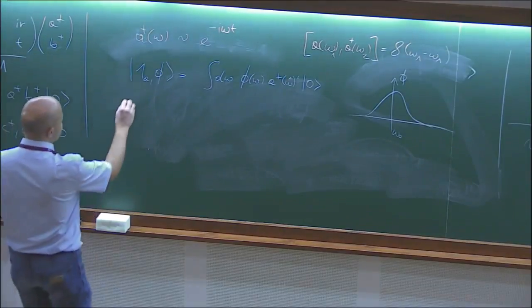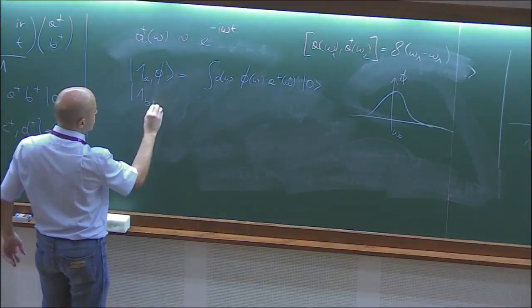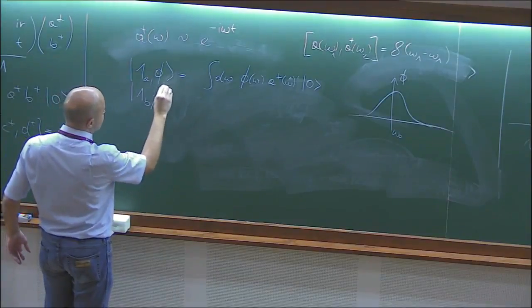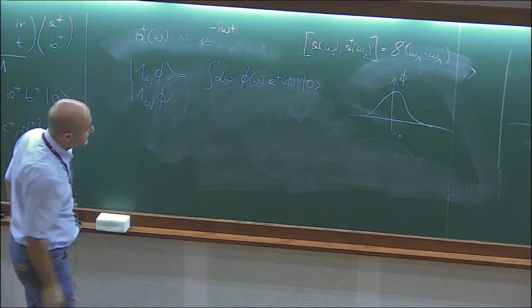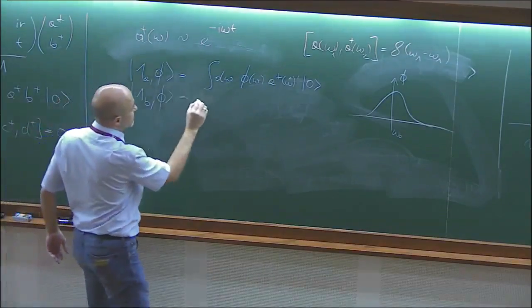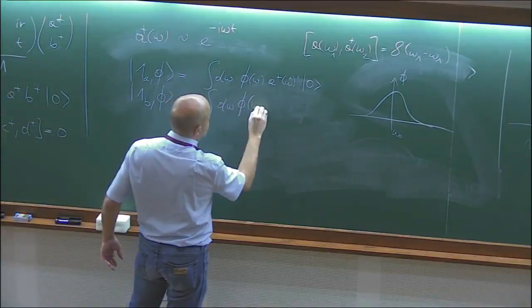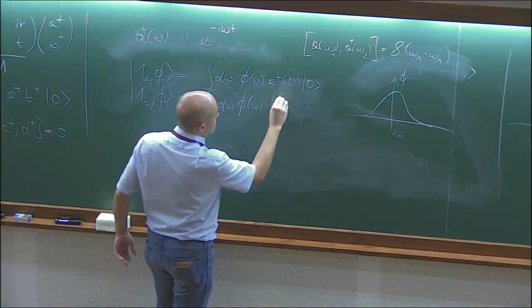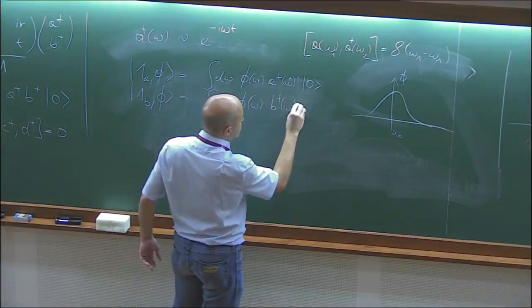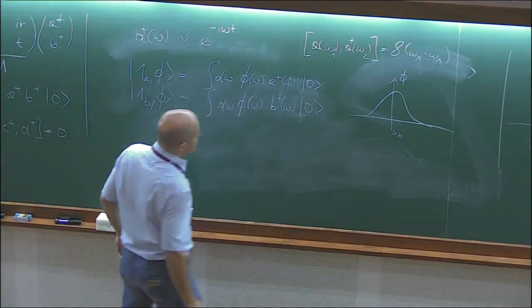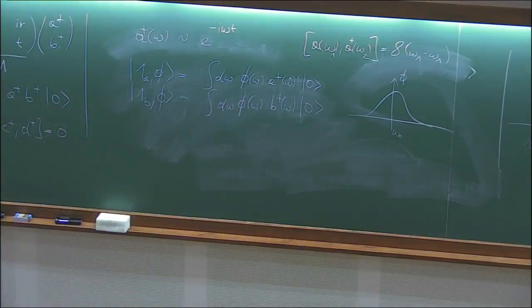So analogously, I would have a 1B, and for now I would just keep the same phi. Complicated enough. I'll call this B dagger, applied to the vacuum.